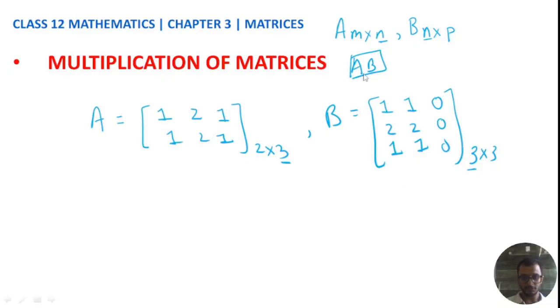So this is the requirement for matrix multiplication. Let me change the pen.